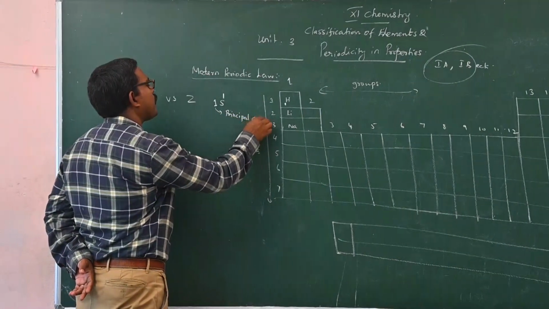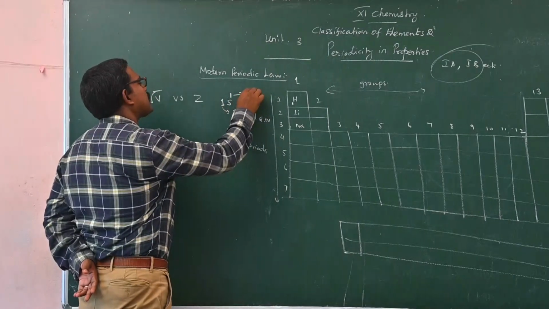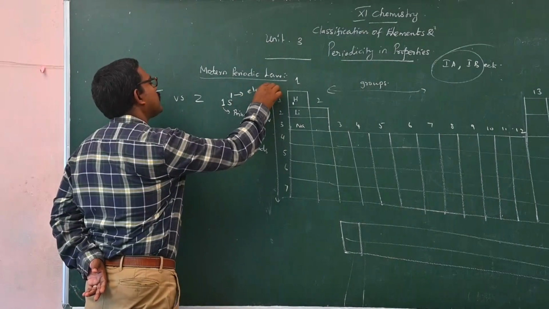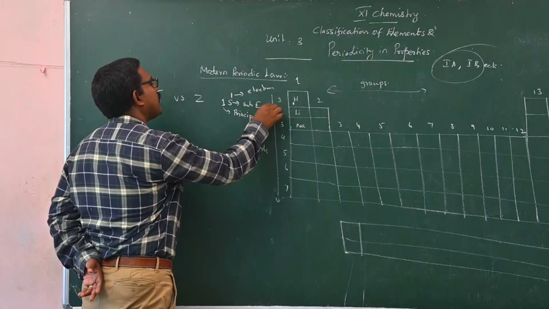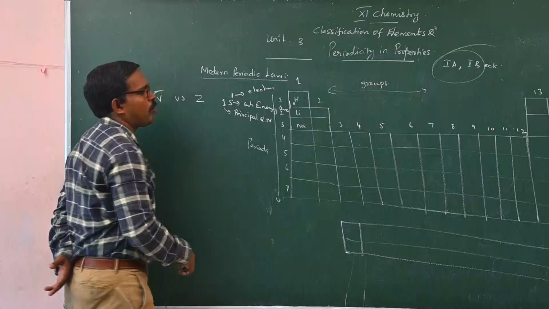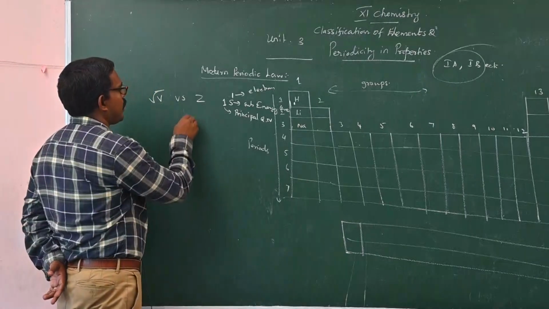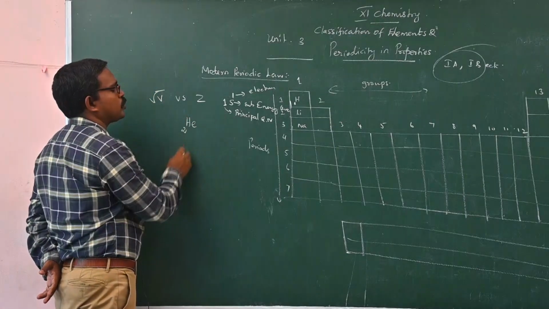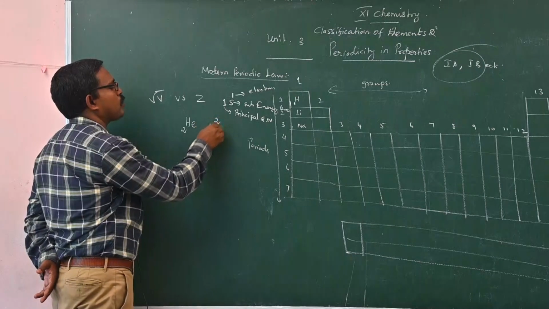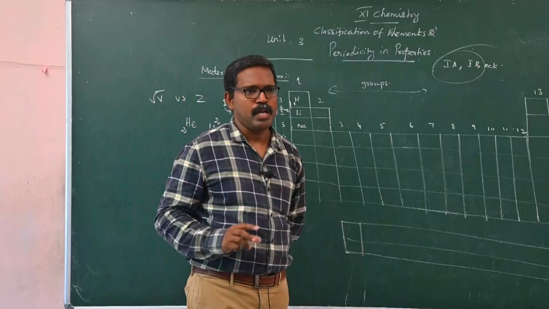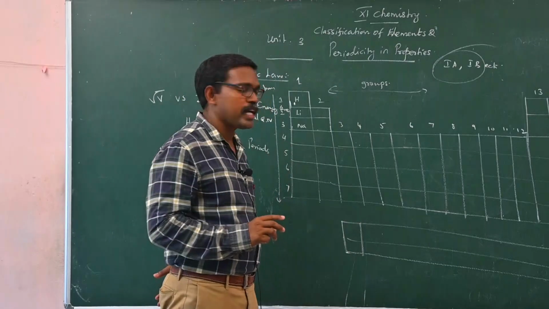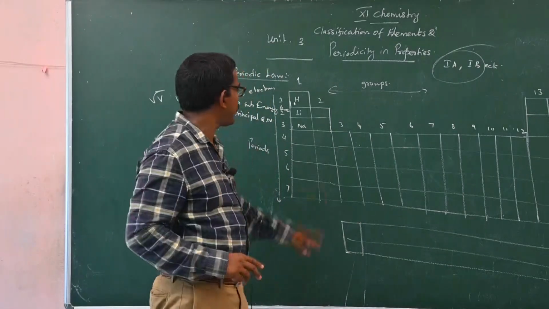The superscript 1 represents the number of electrons. The letter s is the sub-energy level. What about the electronic configuration of helium? Helium has atomic number 2, electronic configuration 1s2. Period number 1 is a very short period.